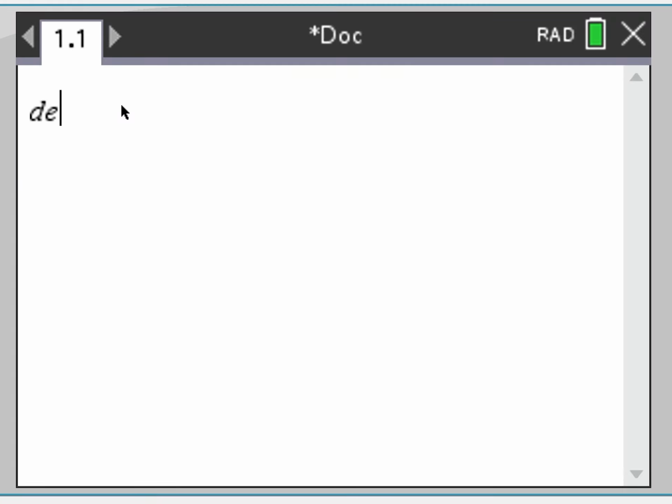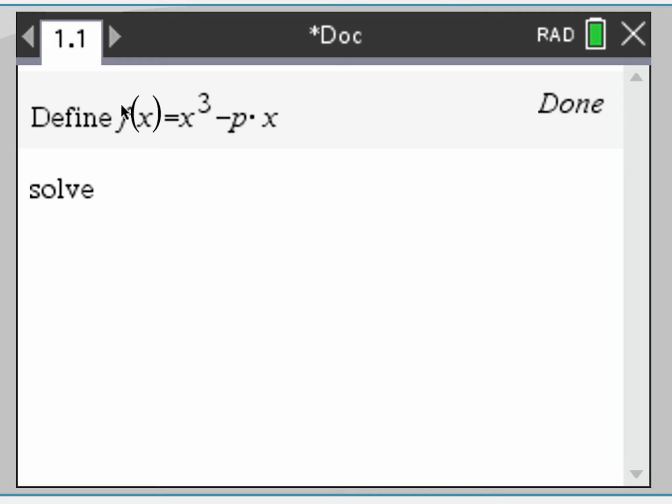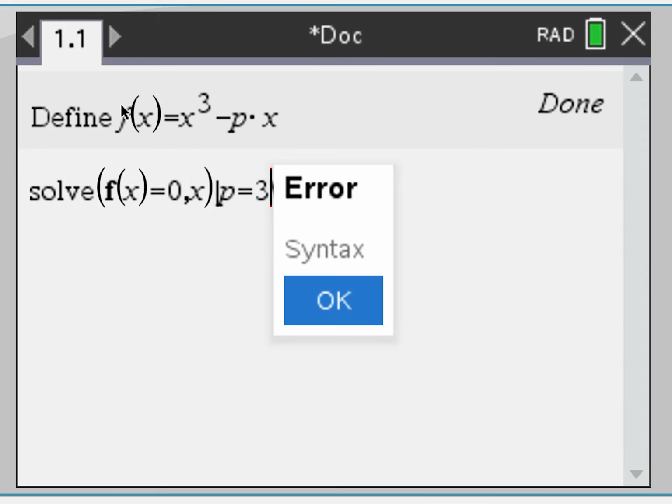So let's define f of x equals x cubed minus p times x, and we have to find the x-intercepts when p is 3. So solve f of x equals 0, comma x, and we know that p is equal to 3.